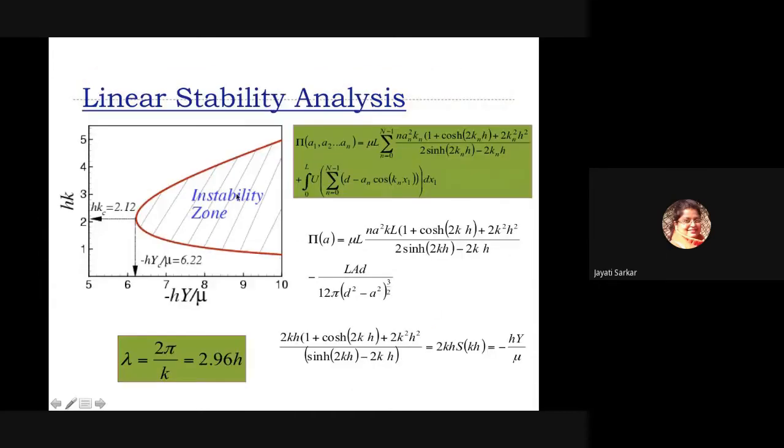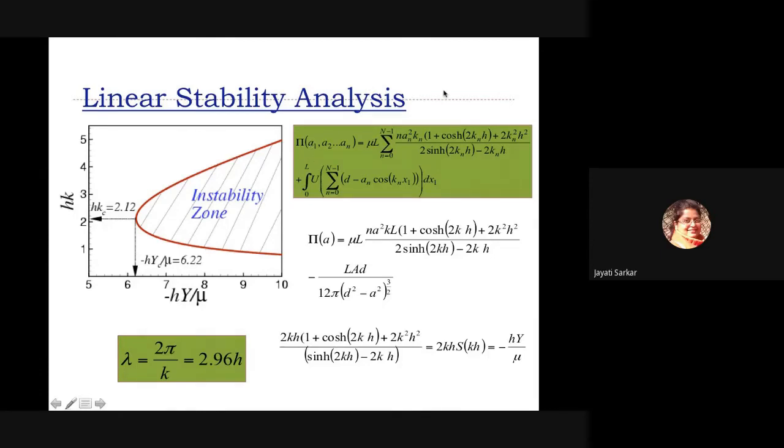But if I write the total energy in terms of all the Fourier coefficients, since the surface is represented with respect to these Fourier coefficients, which is the sum of the elastic energy and the potential energy, the task of the nonlinear analysis remains to find the Fourier coefficients for which this energy is minimum.